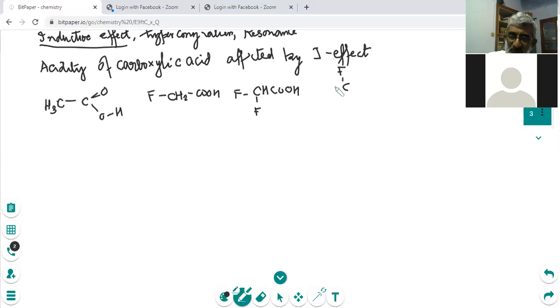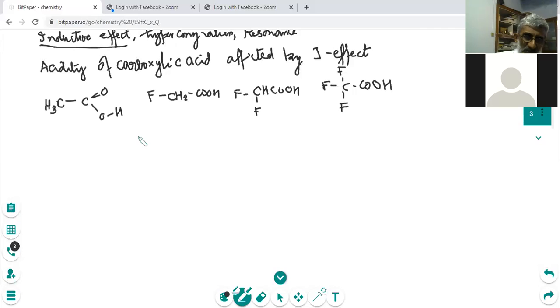So this is trifluoroacetic acid, this is difluoroacetic acid, this is monofluoroacetic acid, and this is simply acetic acid.